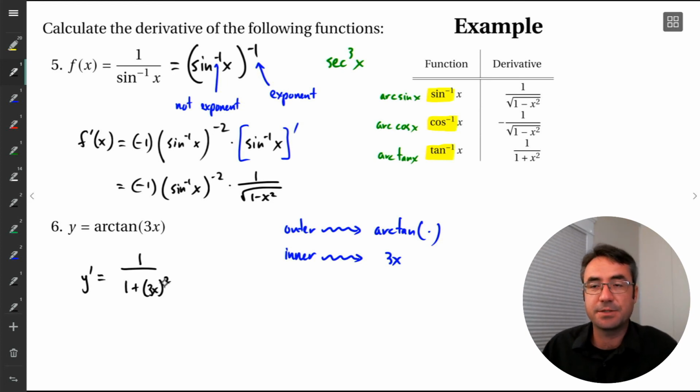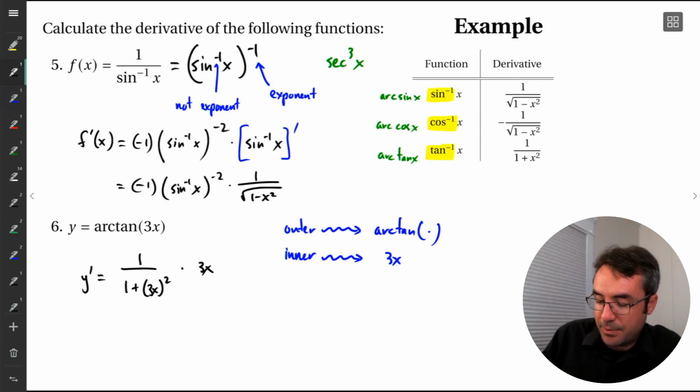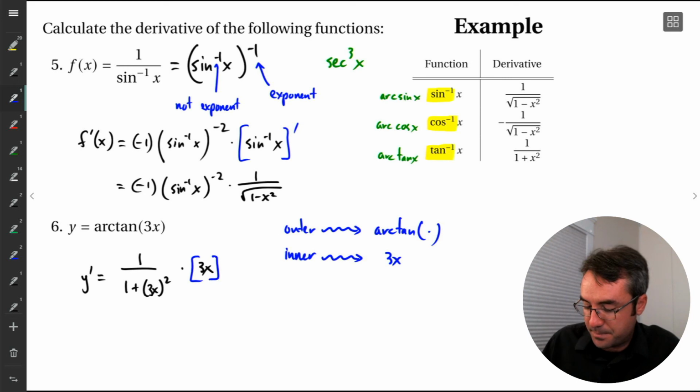This is the derivative of our outer function with that inner function plugged in. Then we take that inner function and multiply by its derivative. The derivative of 3x is just 3.